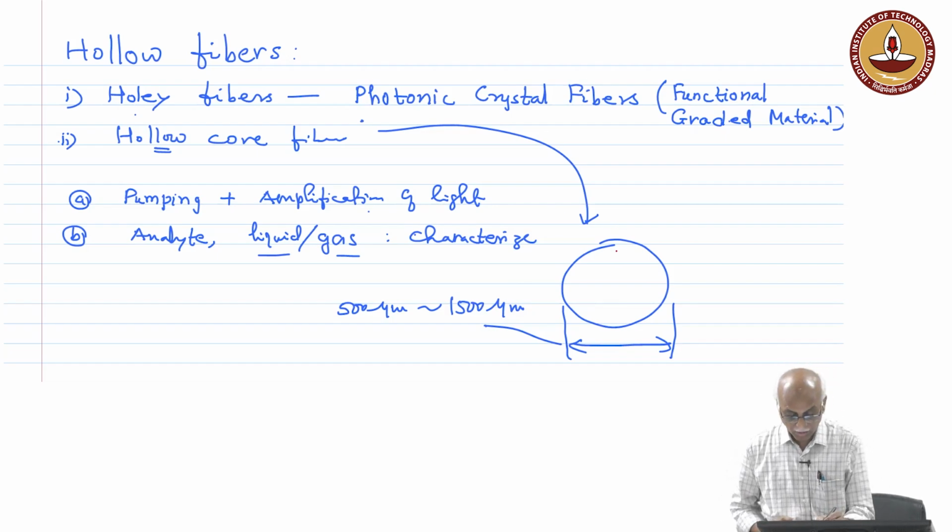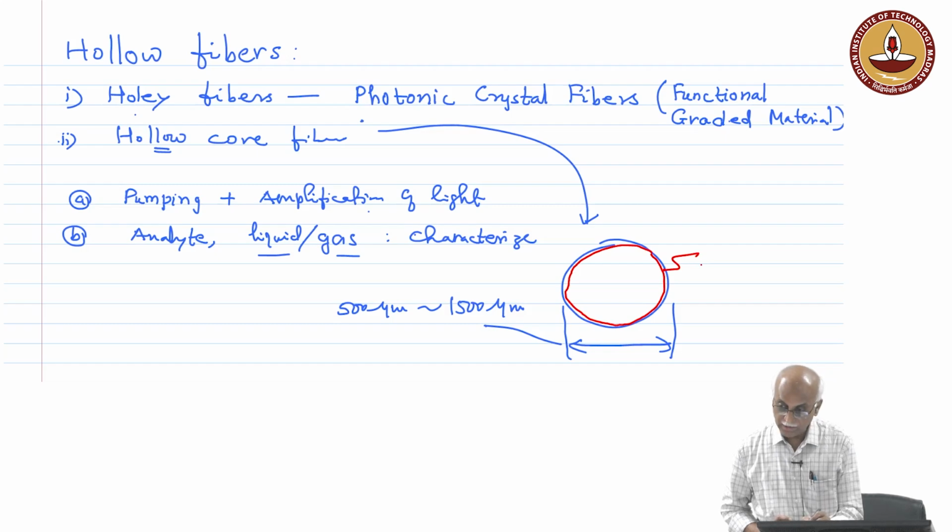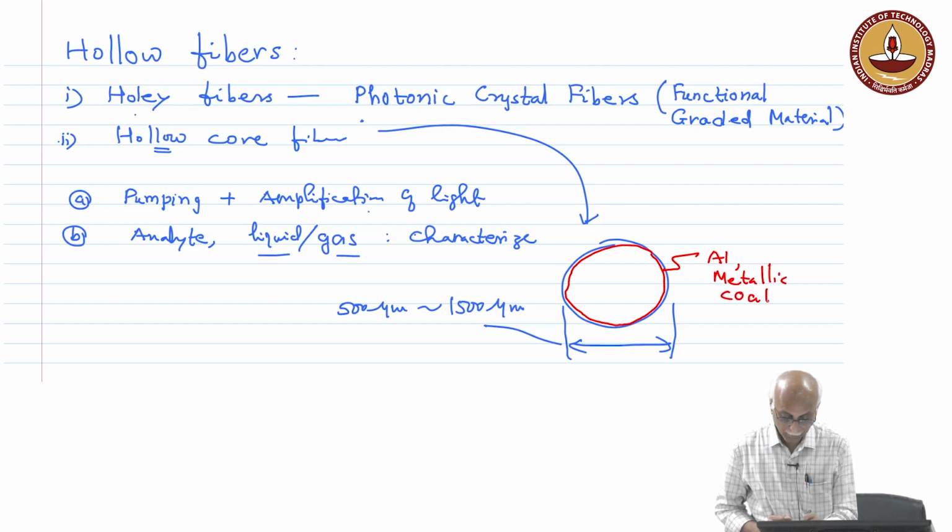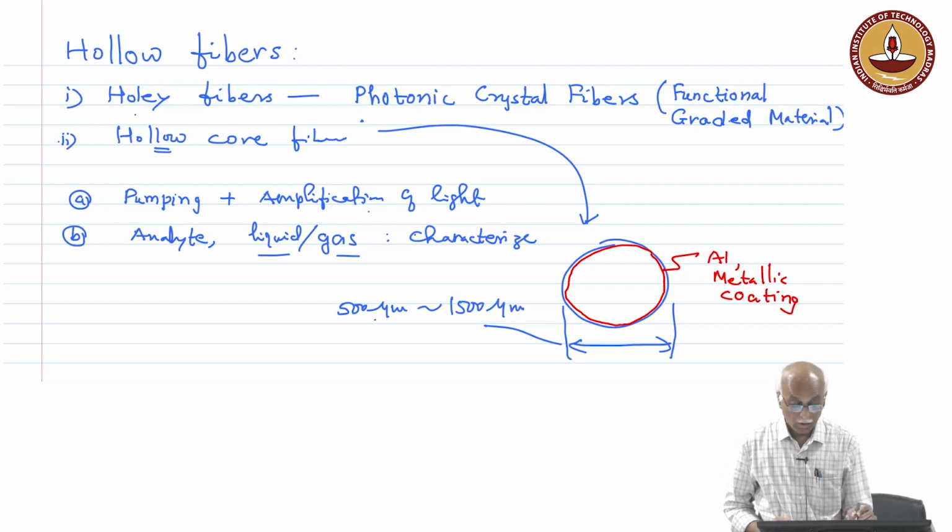And inside of this, of course, this material is coated with, let us say, a metallic coating, aluminum or metallic coating, for visible light to get transmitted through.